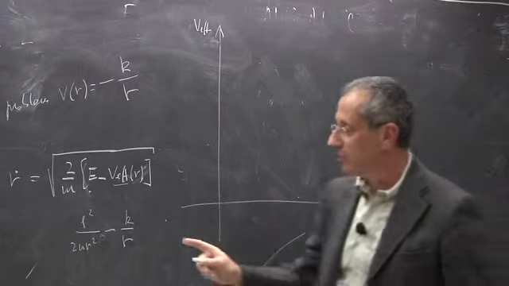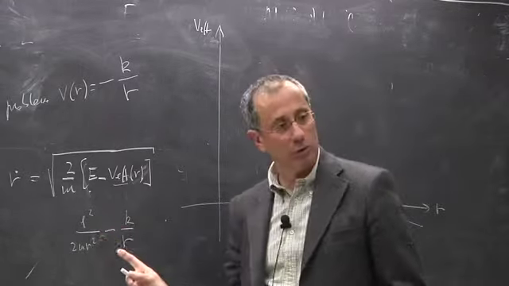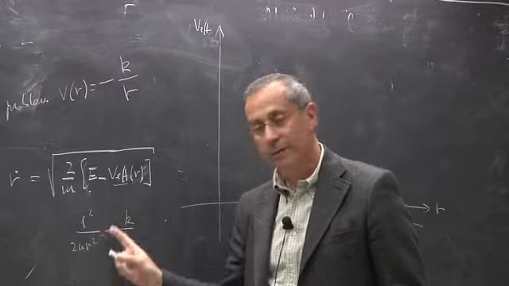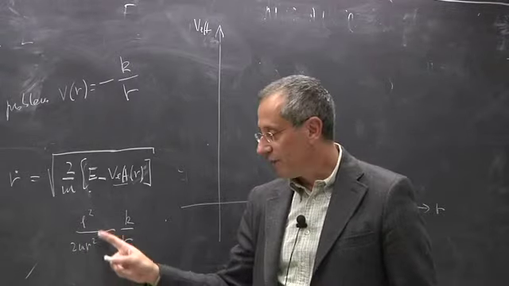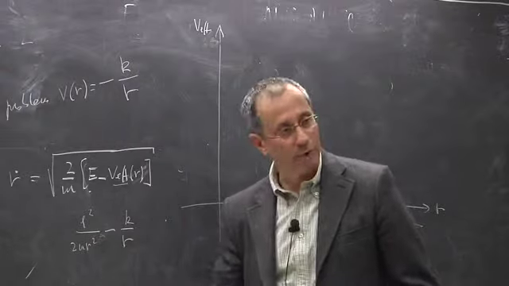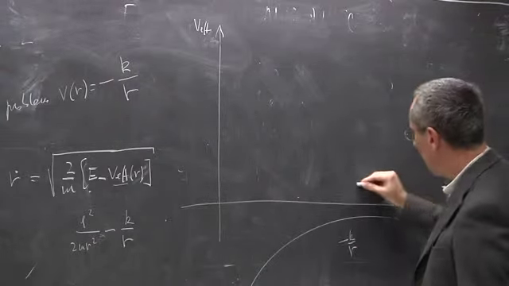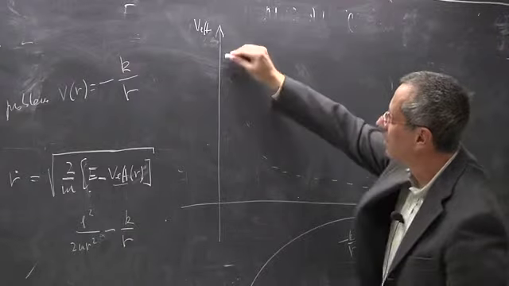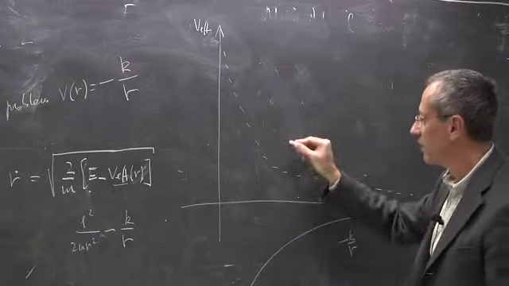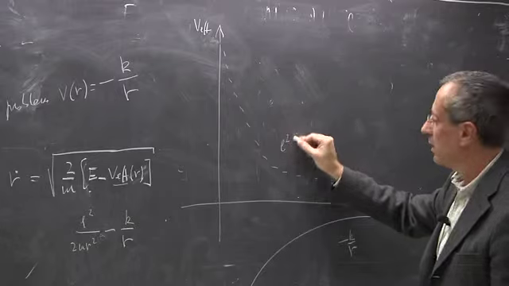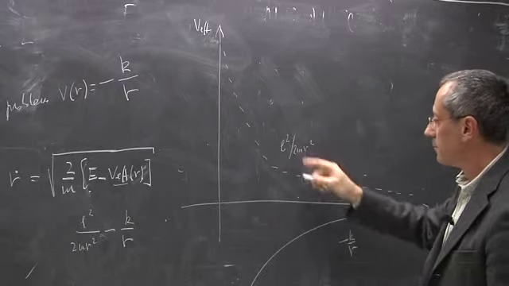But you see the effective potential is the sum of these two terms. So you also have a positive term that is in fact a little sharper than 1 over r. That means the other one goes like this, 1 over r squared. So this is L squared over 2mr squared.